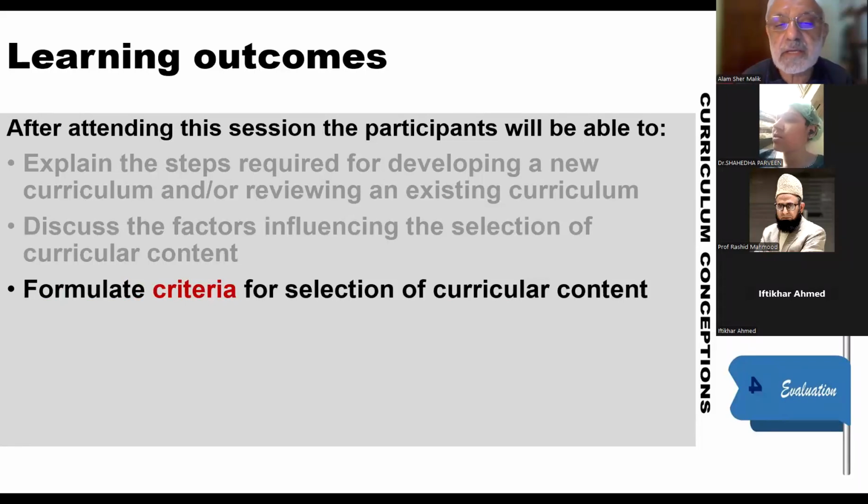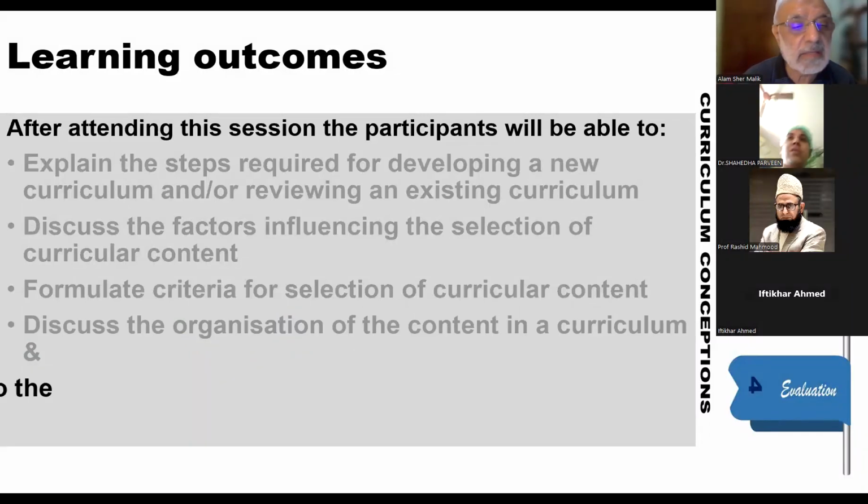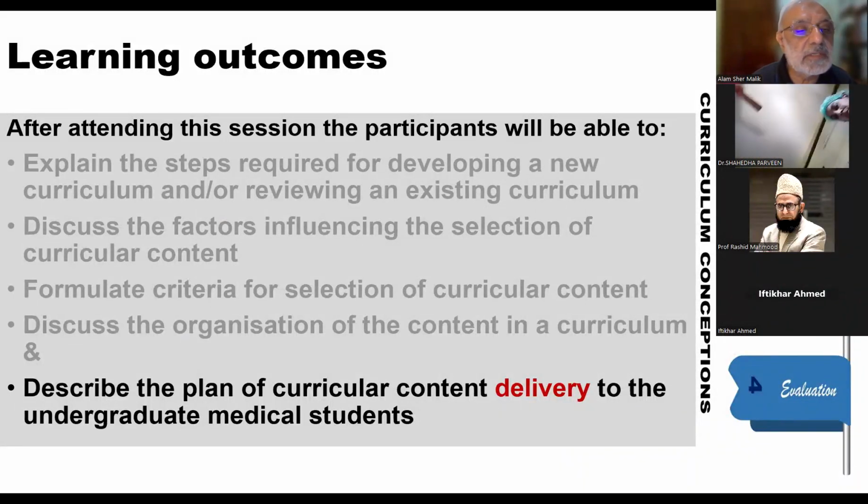Formulate the criteria for selection of curricular content. Discuss the organization of the content in the curriculum and describe the plan of curricular content delivery to the undergraduate medical students. We hope that by the end of this session, we would achieve all these 5 learning outcomes, inshallah.